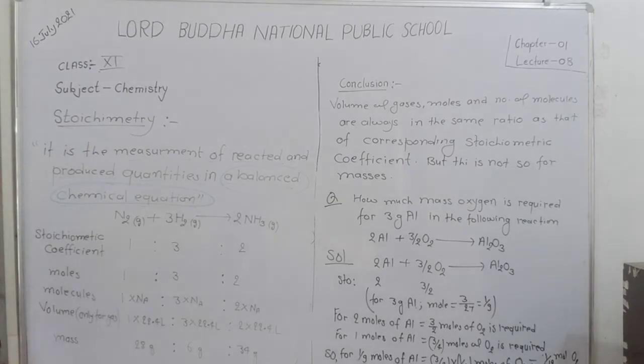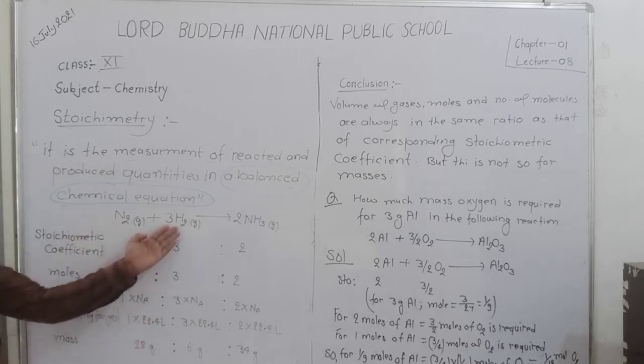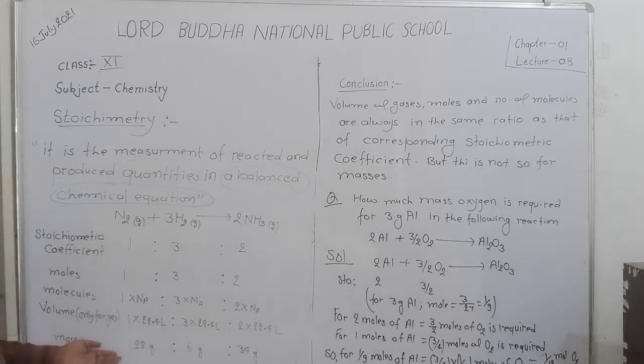Dear students, but the masses are not similar to the stoichiometric coefficient, because the mass of nitrogen is 28, hydrogen is 6, and ammonia is 34.